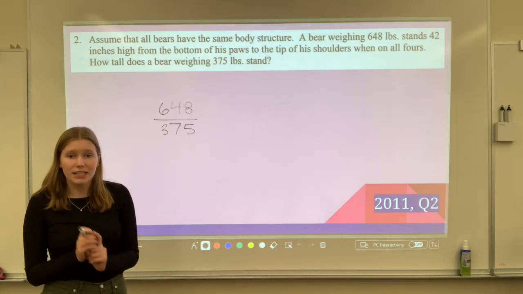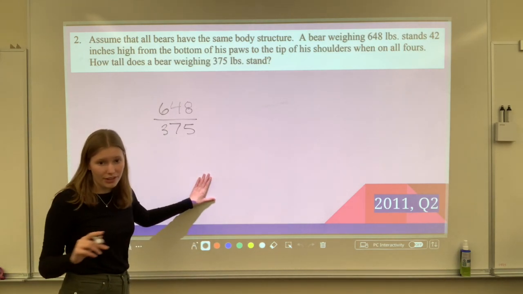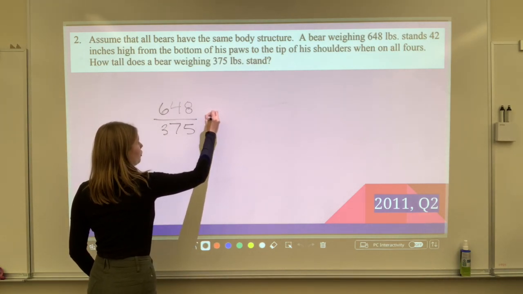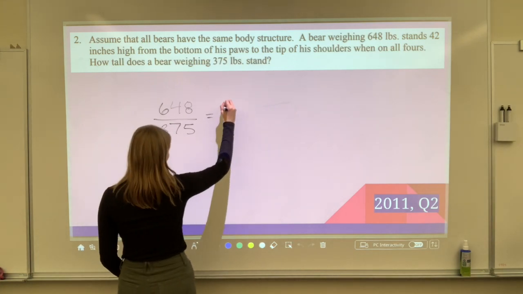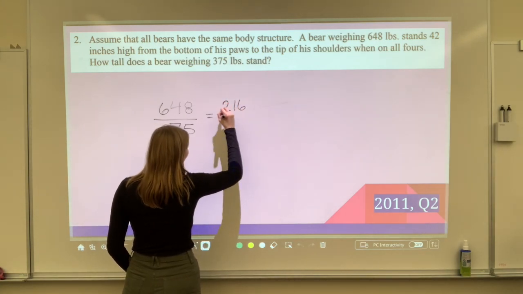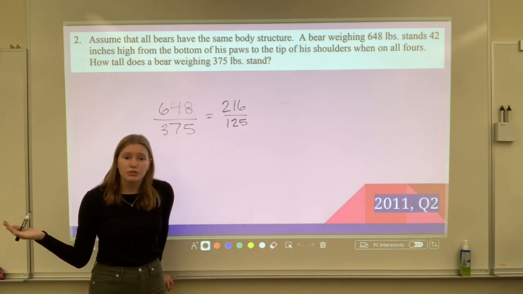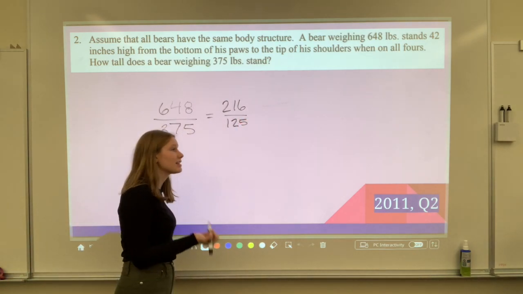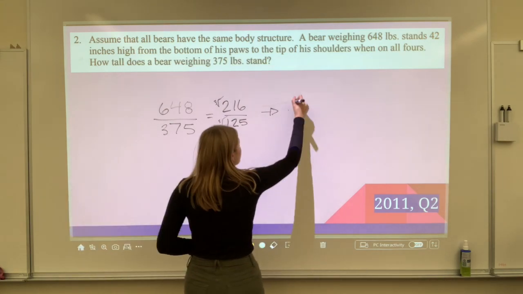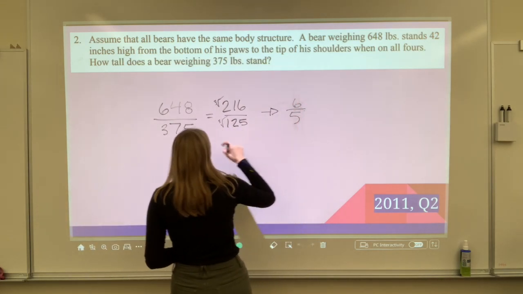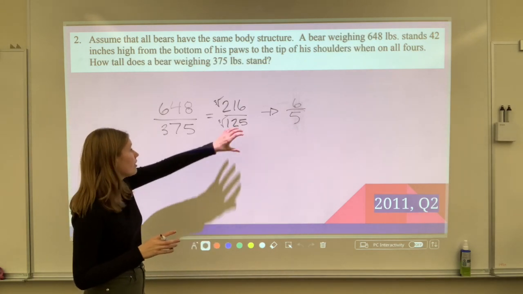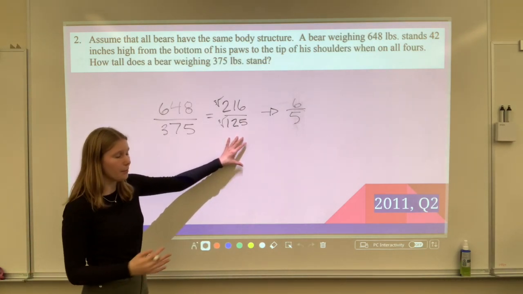But first, to make it a little bit easier, I'm going to simplify this. You can divide both by 3, so you get 216 over 125, which, as you know, are 2 perfect cubes. It's going to be a lot simpler now. So that's going to be 6 over 5 if we take the cube root of this ratio here.